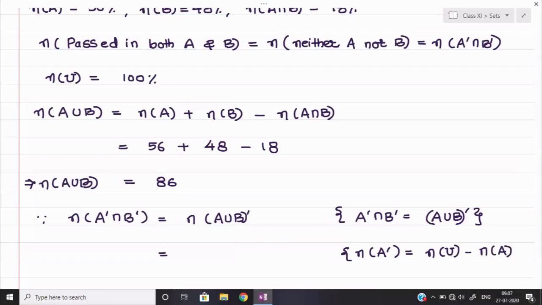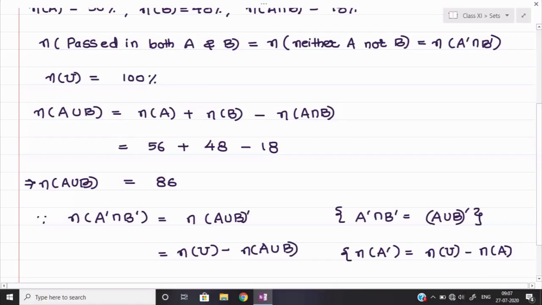The same way we can do it here also. So n of A union B the whole dash is equal to n of U minus n of A union B. Our A is here A union B, remember. In place of A, in the formula, here it is A union B in the result.